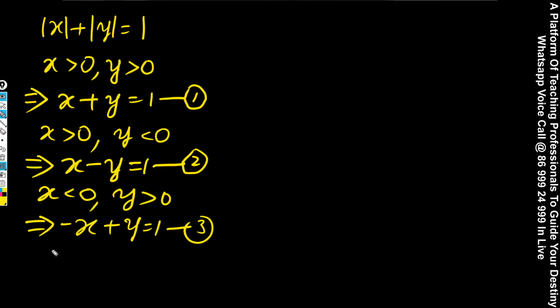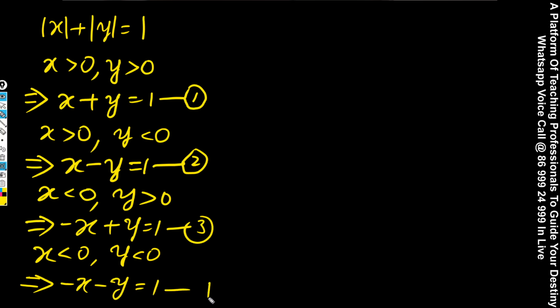Third equation. Similarly, x less than 0, y less than 0 implies both are negative: minus x minus y = 1. This is what you have to understand.